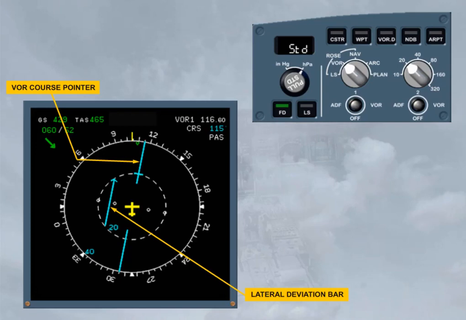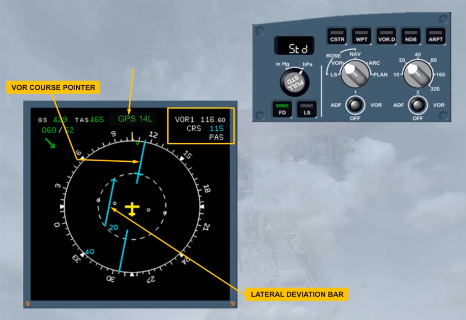To have this display, a course must have been selected on the MCDU RadNav page. Like ROSE ILS, the information about the tuned frequency, the selected course and which navaid, here PAS, is displayed in the top right-hand corner. Also the MCDU selected approach type, VOR or GPS, is displayed as shown.